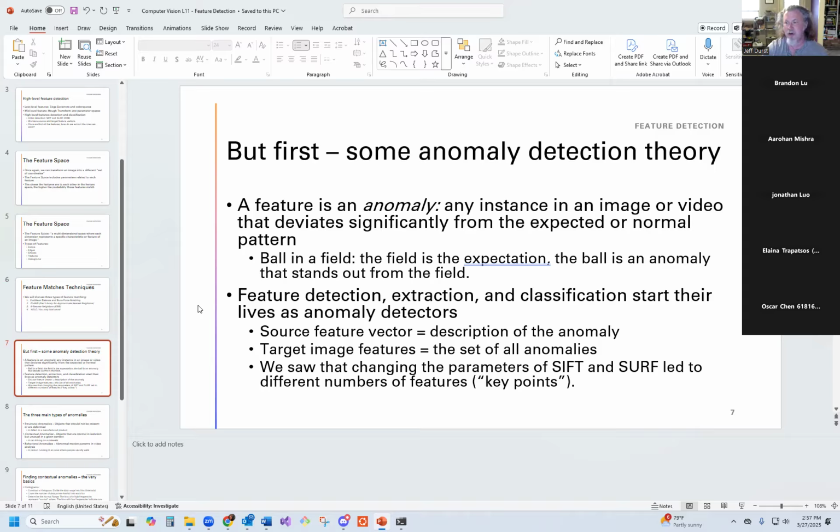What those features are fundamentally is just an anomaly, right? All of the key points I'm going to find are going to be the things that are significantly statistically different from everything else in the image.